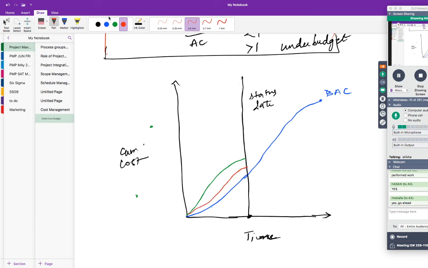So the green line is earned value, the blue line is your budgeted cost line, and the red line is the actual cost. Now tell me, how is your cost variance and how is your schedule variance? Do you have a cost overrun or underrun, behind schedule or ahead of schedule?